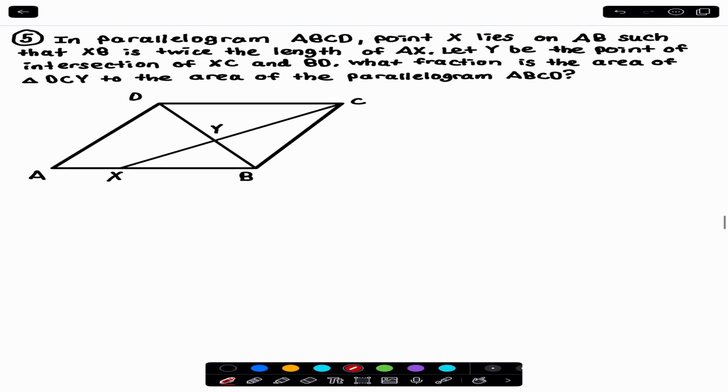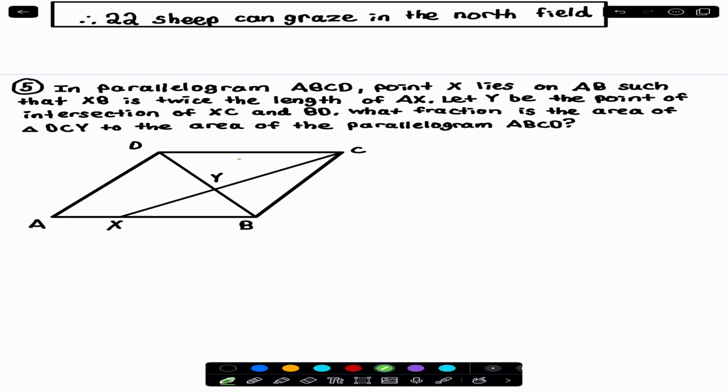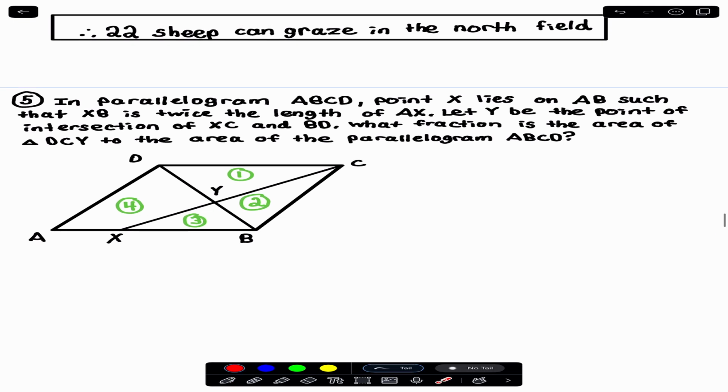Okay, so to start off, I'm going to call this area number 1, the area of triangle CDY. Let's call this 2. We'll call this 3. And we'll call this little thing 4. So my strategy is to find maybe this area, and then compare it to the area of the parallelogram ABCD.